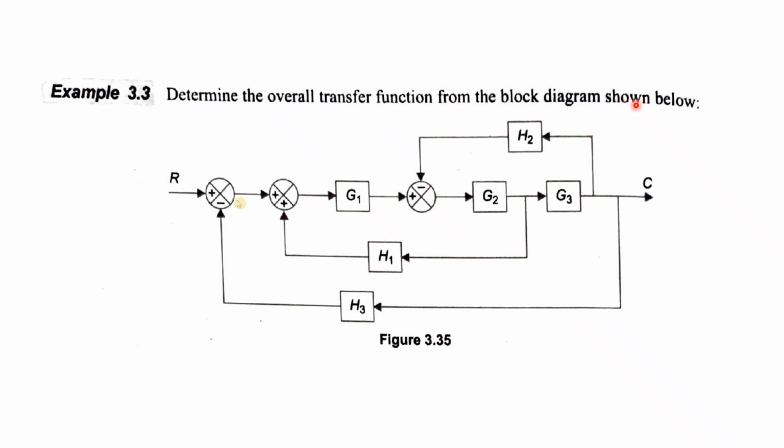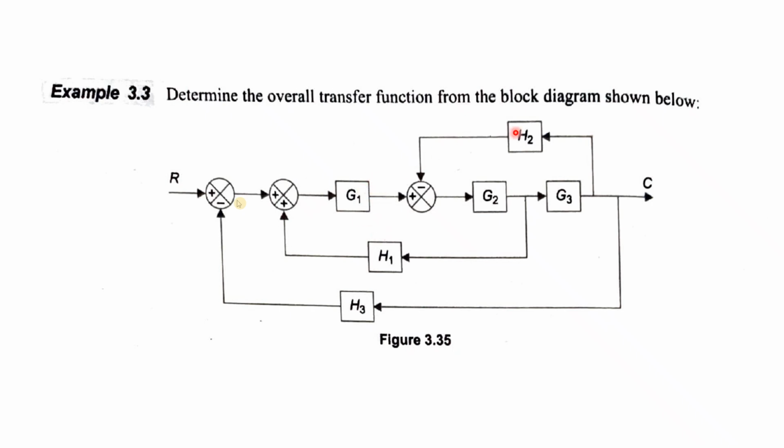So the question is, find the overall transfer function from the block diagram shown below, that is C by R. Over here, R(s), C(s), G1(s), G2(s), H1(s), all these, the (s) suffix has been omitted to reduce the complexity and save time. We will not use s over here because s is obviously implied, but it is not written, it is omitted for simplicity, because if you write s all the times, it consumes a lot of time.